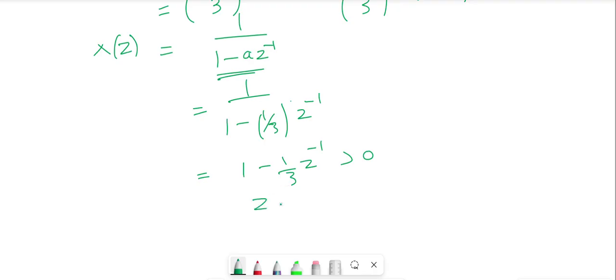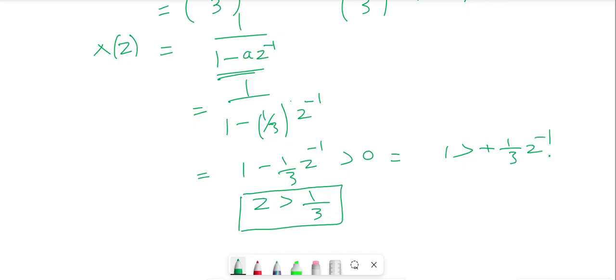So z should be greater than 1/3. If you want more steps, 1 is greater than (1/3) z inverse, so 1 by z is greater than 1/3. You can simplify.